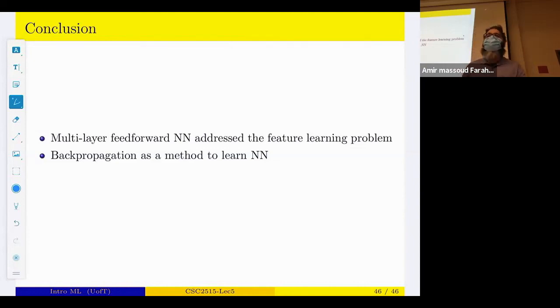I wanted to talk about convolutional networks, which are networks designed to be more suitable for working with images. If the input is not arbitrary but has the structure of an image, then these networks called convolutional networks are much more efficient in exploiting that structure.